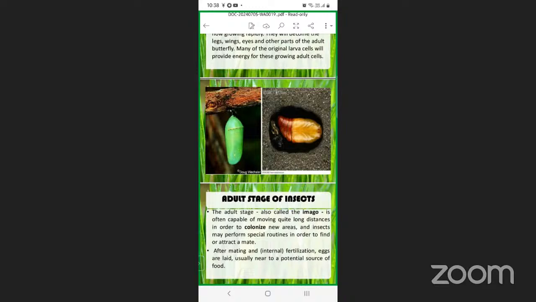So like this, we can make out the differentiation of the glands, and whatever we have discussed about the endocrine glands and their hormones, we come across the exocrine glands also.